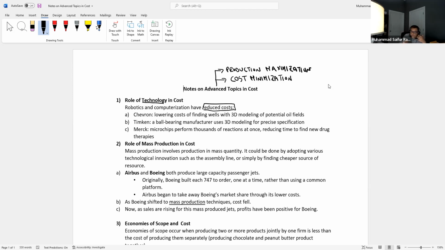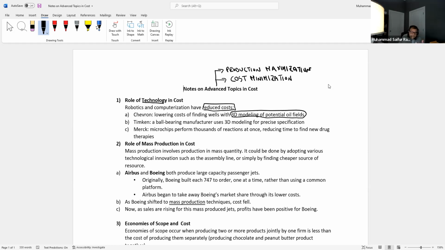What happened was that in the early 90s, there was a lot of improvement in technology, specifically in the 3D modeling technology that the computers can now carry out.